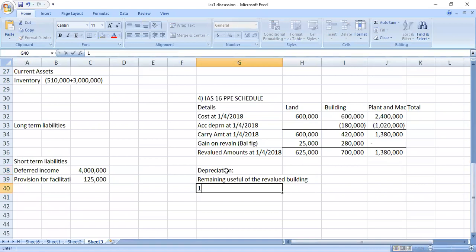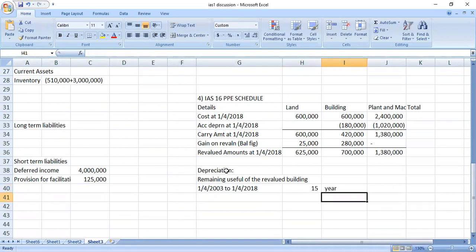We're saying from 1st April 2003 to 1st April 2018, how many years have been consumed? Ideally, it's supposed to be 15 if you count. If you don't know how to count this, I can guide you through.